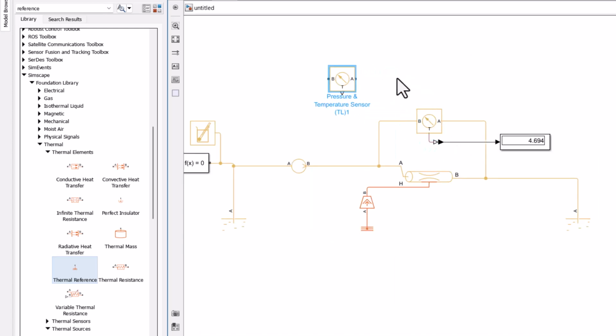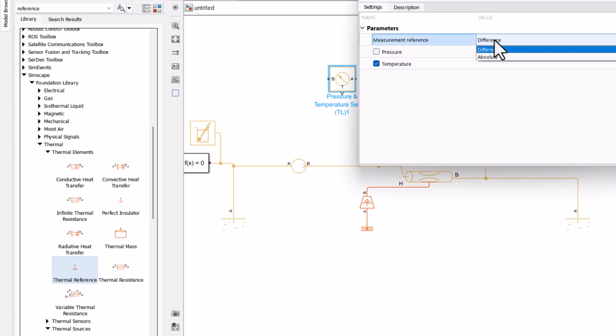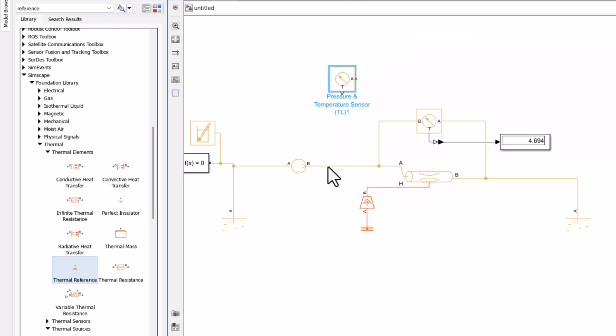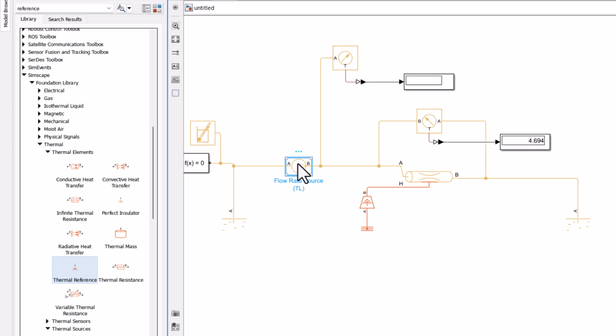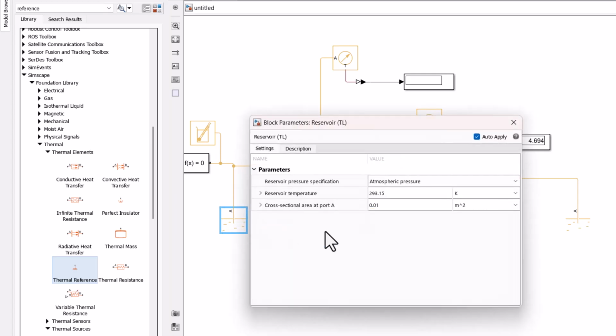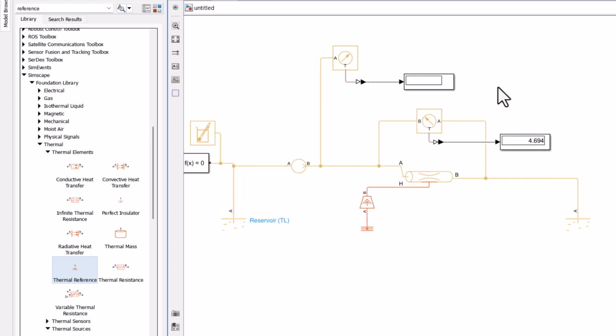But now let me ask for the absolute temperature of this point. I'm asking for the absolute temperature of this point, and since this pump is not going to change the temperature of the fluid that much, I expect the result to be equal to the reservoir temperature, which is 293.15 kelvins.